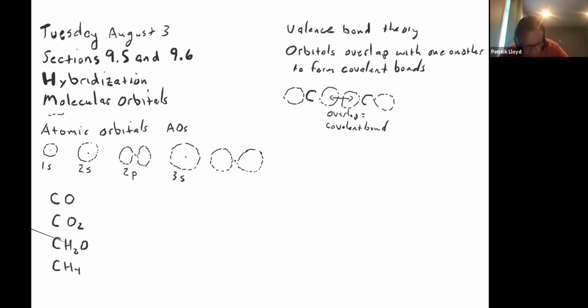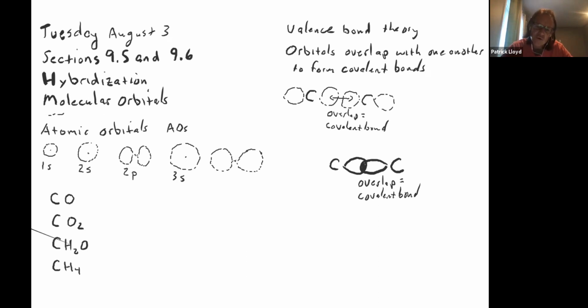So imagine you have these two carbon atoms with these orbitals overlapping like this. I'm only showing part of the orbitals there. This is our region of overlap, what we're going to call the overlap region, and that overlap is our covalent bond. We're going to leave aside for now what happens when those orbitals overlap.